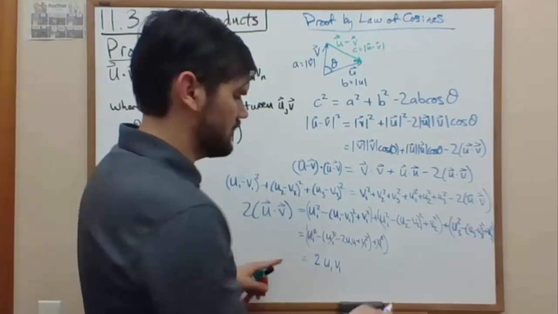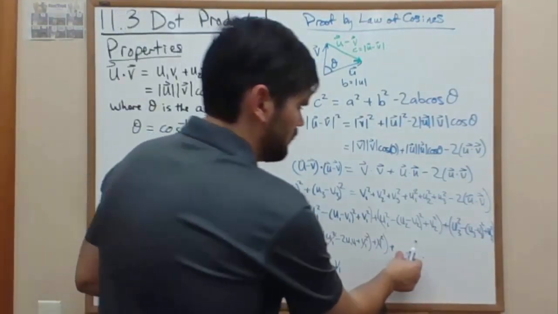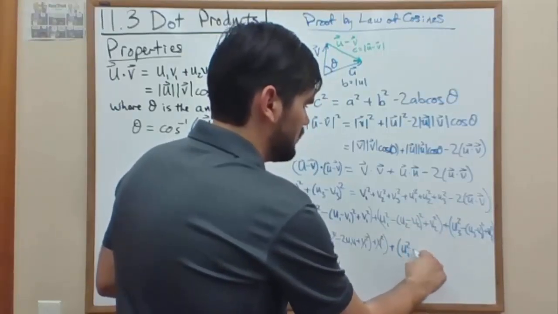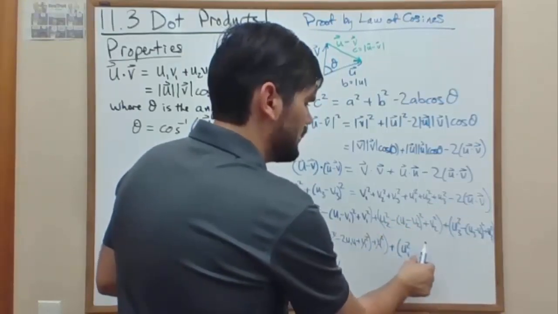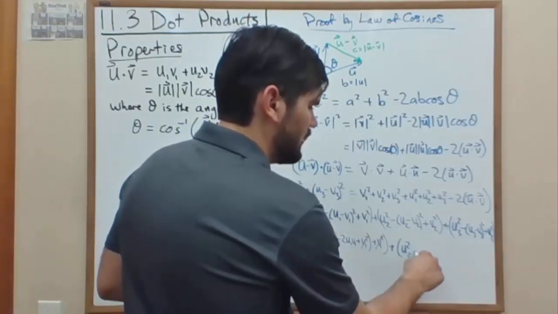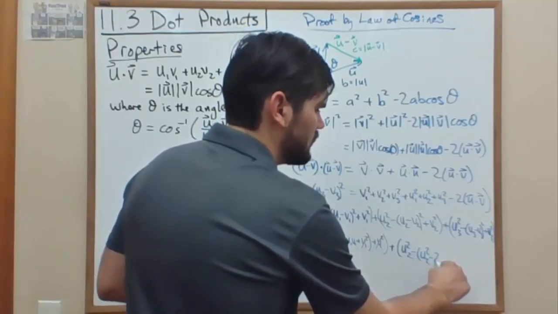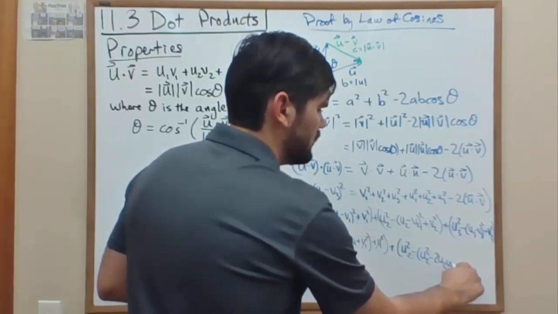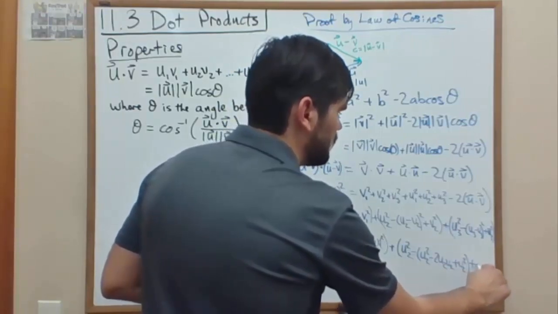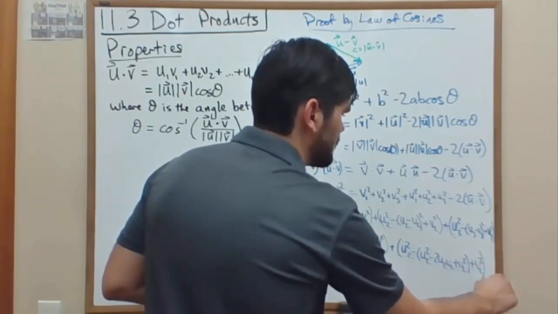The other groups are the same way. I'll just do one more to demonstrate it. So that's 2 u2 squared minus u2 squared minus 2 u2 v2 plus v2 squared, all subtracted, and then plus a v2 squared on the outside.